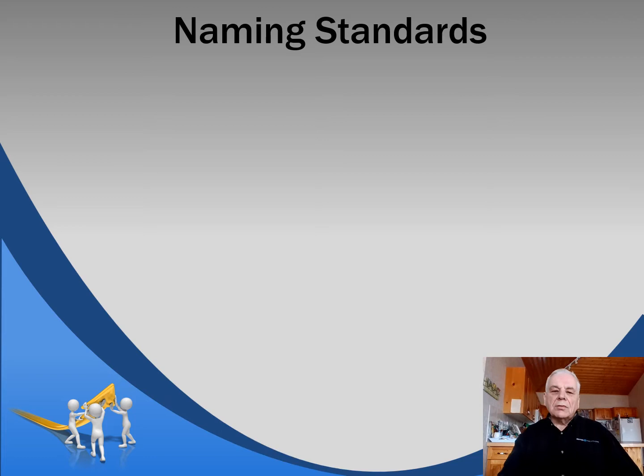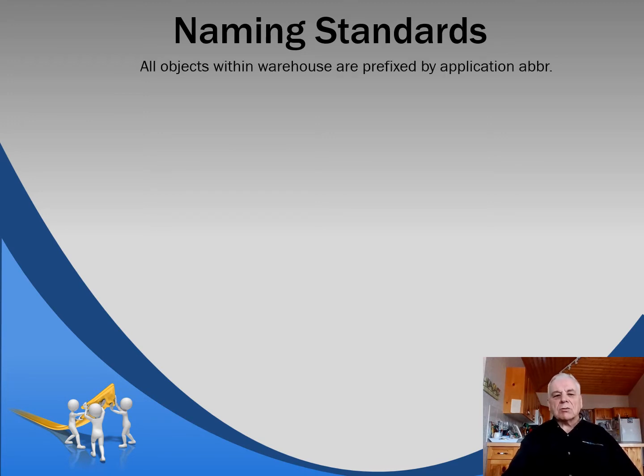Okay, so this is where the naming standards that we used within the data warehouse come in, and why I call it an application-based warehouse. All objects within the warehouse are prefixed with an application abbreviation. So the first thing you do is you establish an application. Is this an application source, or is this an application producer of data, or is it a consumer of data? We give it a code, an abbreviation, and then all the objects that pertain to that particular job or that particular process are given that acronym.